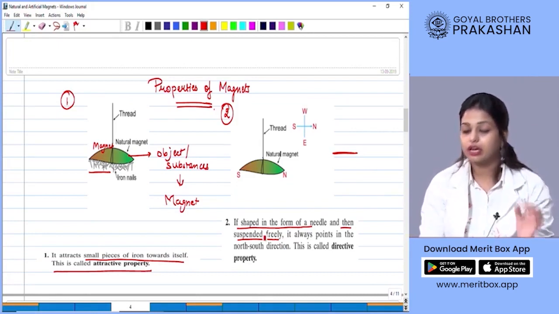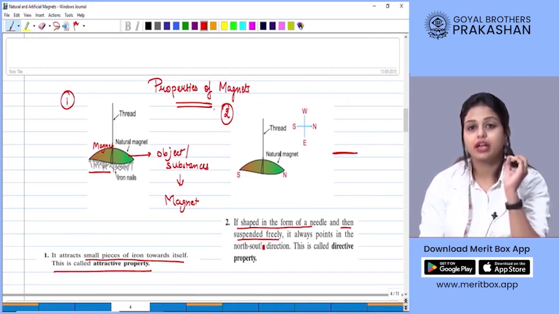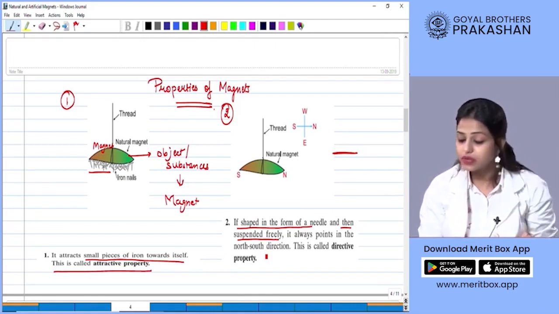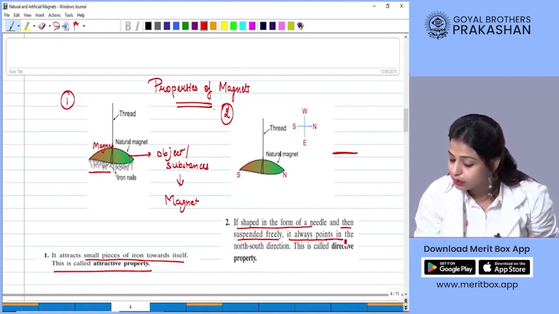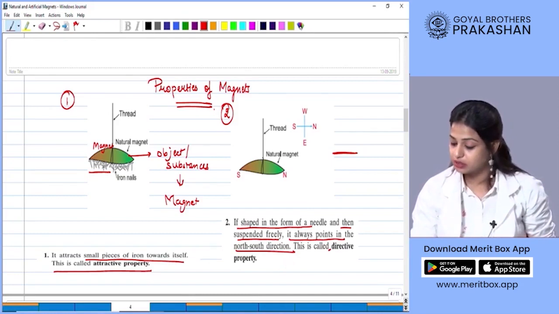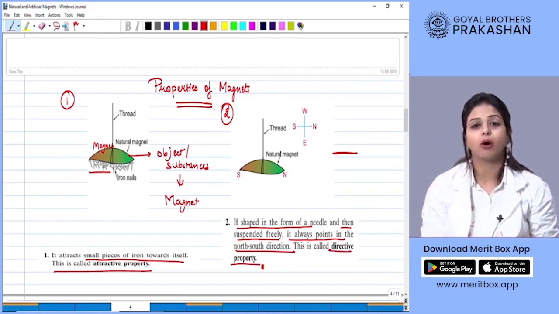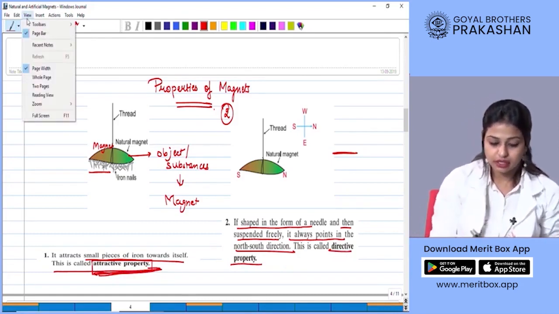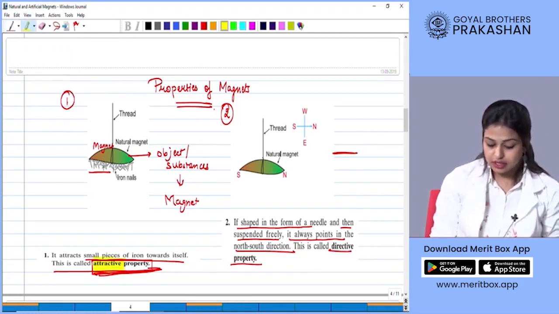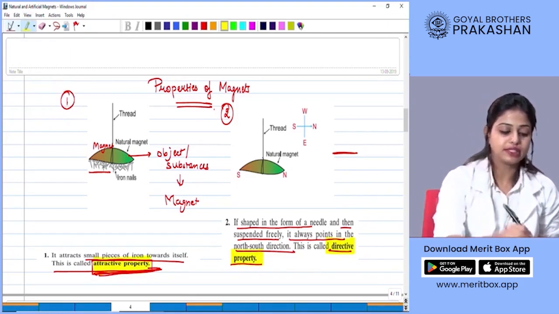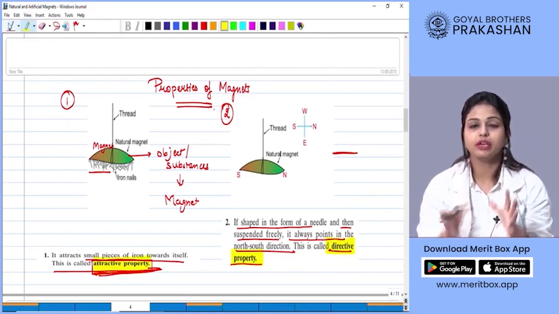So if I take a magnetic material, cast it into a needle and then suspend it freely, what will you observe? You will observe that it always points in the north-south direction. This property is called the directive property of a magnet. So, these two properties, that means the attractive property and the directive property, is what defines the magnet very properly.